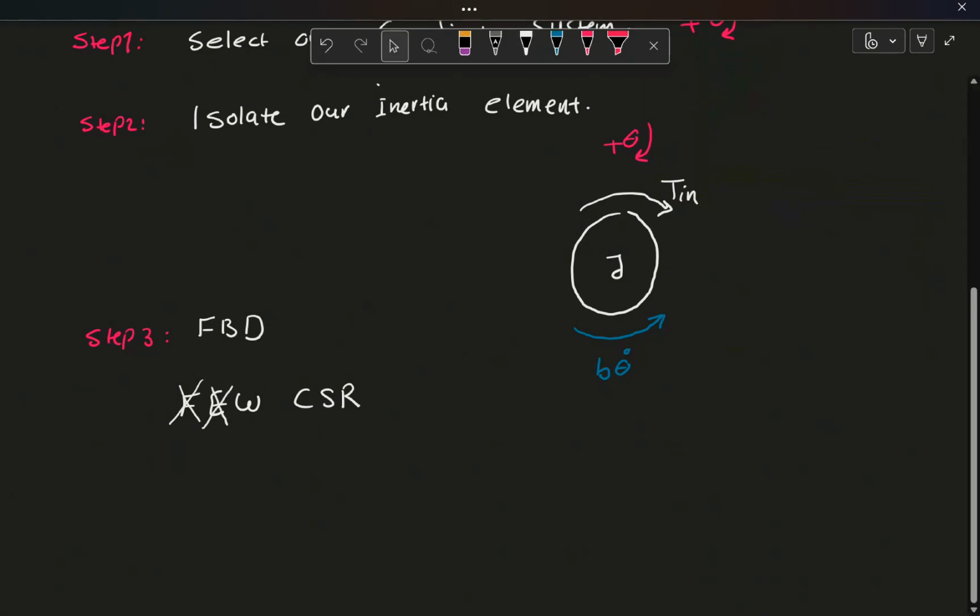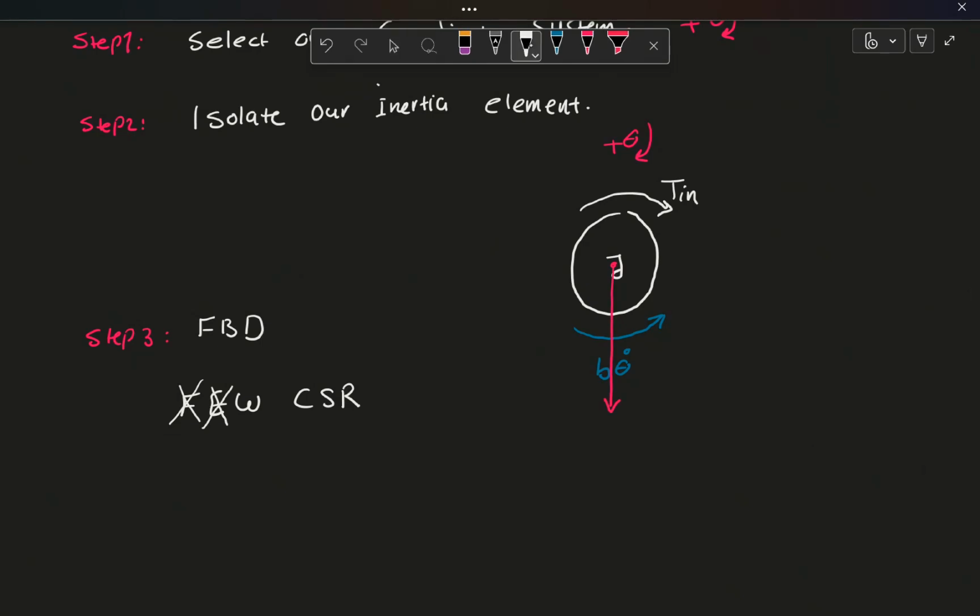Now, if you assume that the center of mass for this disk is actually the center of rotation, you notice that weight is applied at the center of rotation. For a force to be able to generate a torque for me, it should have an arm.